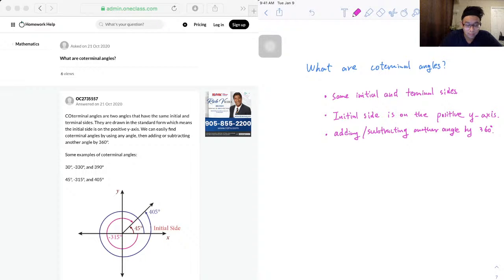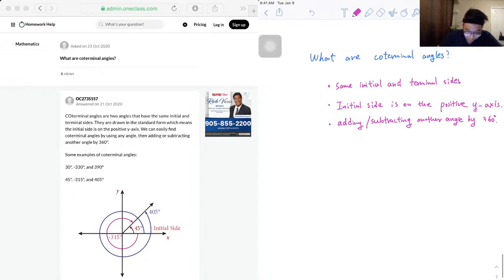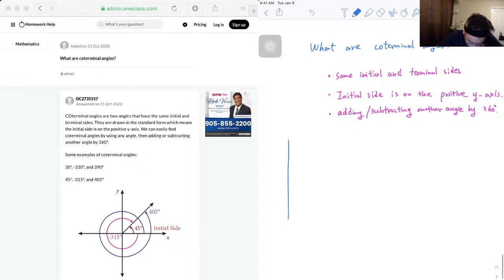And here are some diagrams to help you better understand this part. So let's build an xy axis first. So let's say I got a 30-degree angle, right?